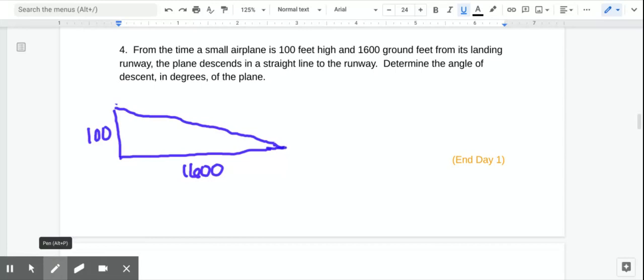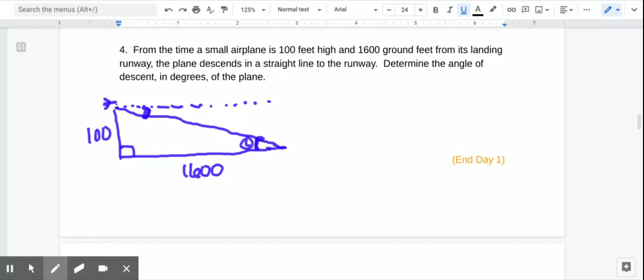Now, we want to determine the angle of descent. From your airplane, the angle of descent is the same as the angle of depression. So it's this angle. Now notice that angle is not in the triangle, because your triangle's down here. But using alternate interior angles, this is the angle we're trying to find. These two are going to be congruent, so this is angle theta, and that's going to determine our angle of descent.